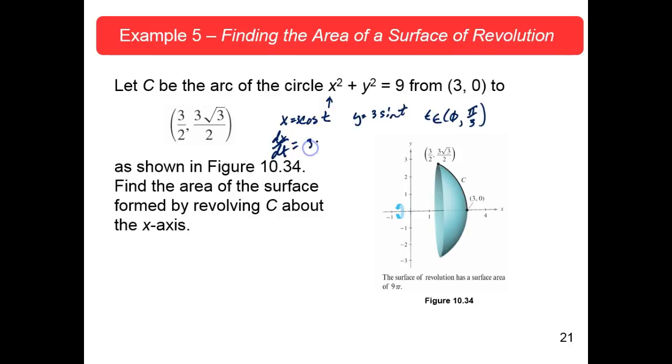Okay, I heard a 3 and I heard a sine t. Is that your final answer? Negative. Very good. What's your dy dt? Three cosine t, and that one is positive. Okay? But we're going to square both of them, aren't we?